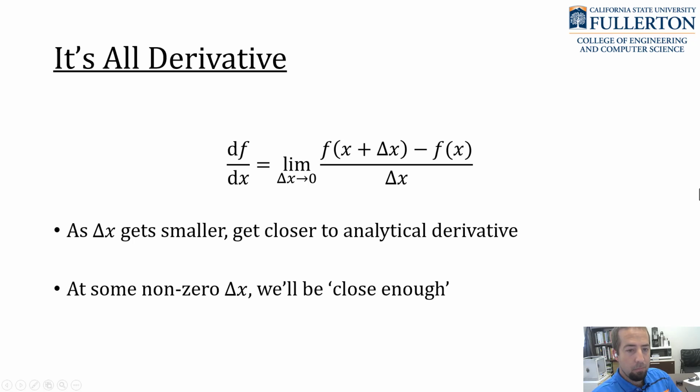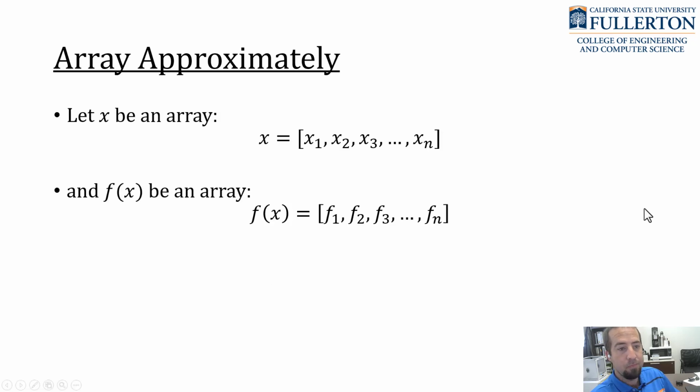Okay, that's what I mean when we say we're close enough. We're close enough that the error between taking the limit as delta x goes to 0 and not taking that limit by leaving delta x as some non-zero, finite step, the error between those two derivatives is negligible.